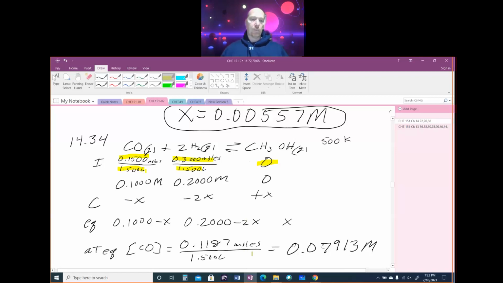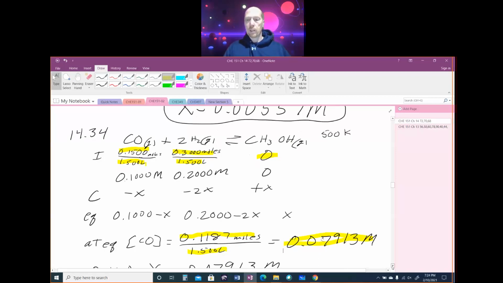In the problem, they say that the concentration of CO at equilibrium, well, they give us the moles, 0.1187 moles, and it's in a 1.500 liter flask. And so our equilibrium concentration of CO is 0.07913.